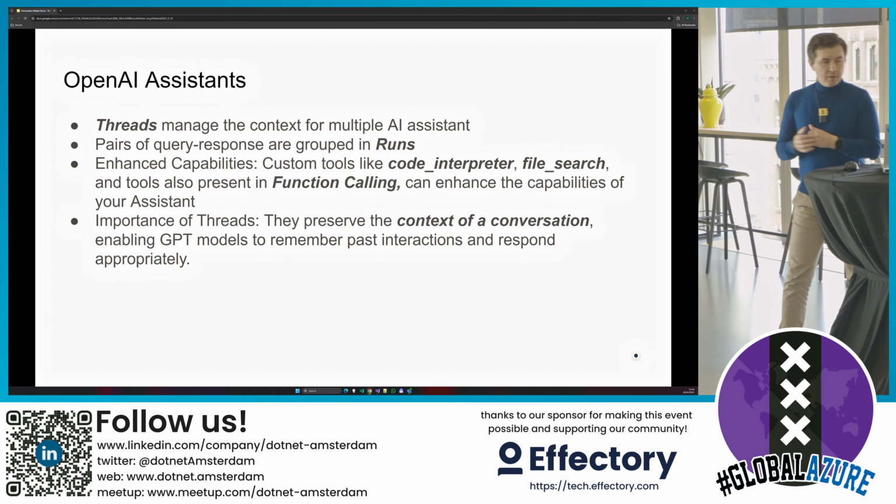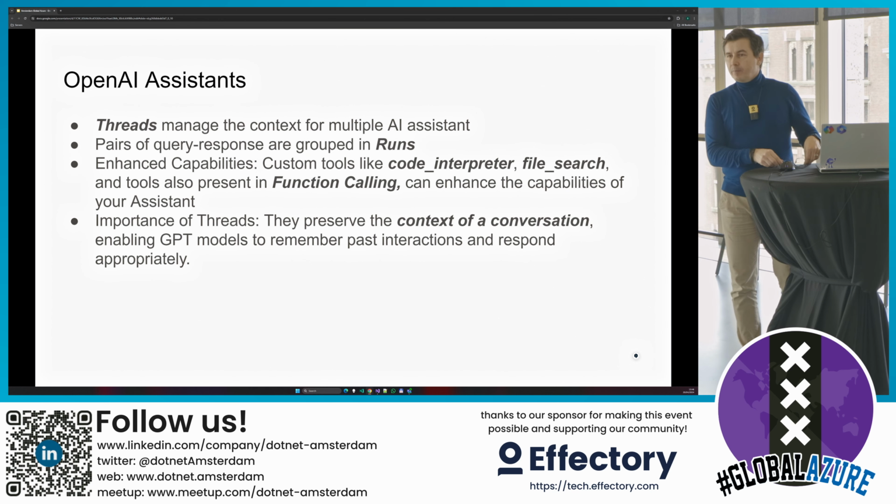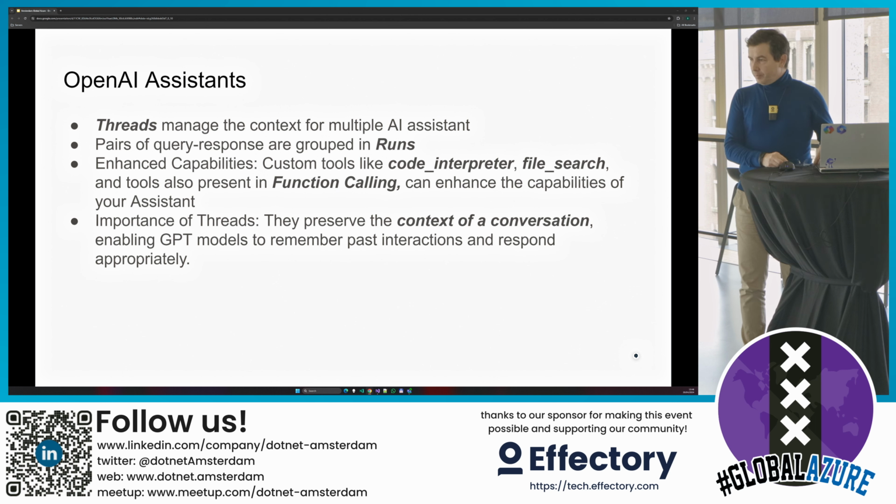Anyway, these tools now are there in Assistants as well, but not only those, it's along with some more goodies. For example, you can attach to the message external files, PDFs, CSVs, source code. You can attach to your prompt these files.